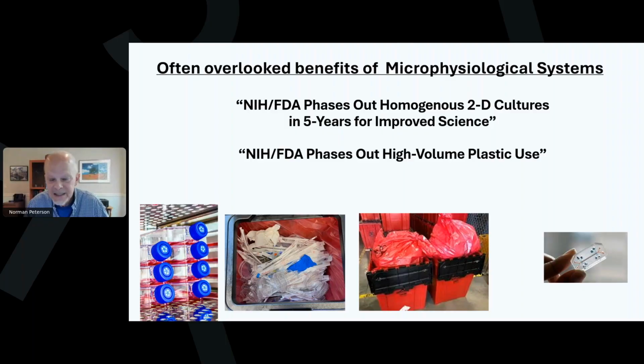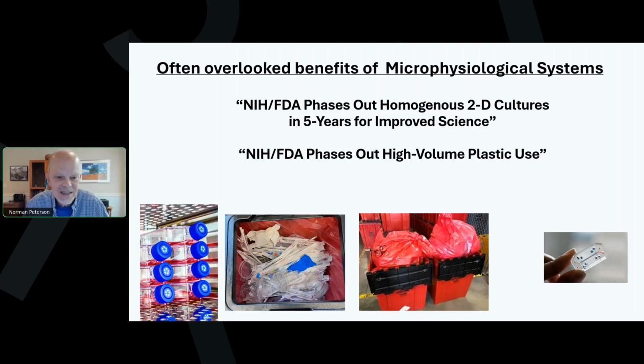I think we ought to be looking at it from a different perspective. The introduction of MPS systems, I think, has made great strides in improving the science over our monoculture, tissue culture results. So I think we've made great advances, and we need to look at that end of it as how we've improved our in vitro technology.